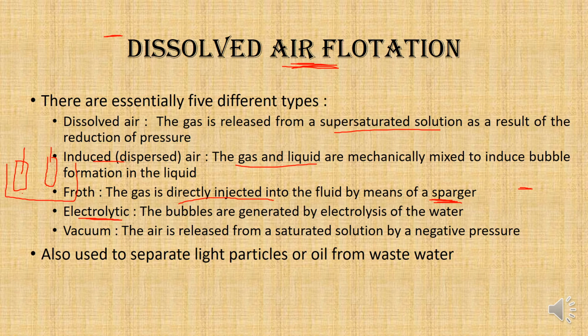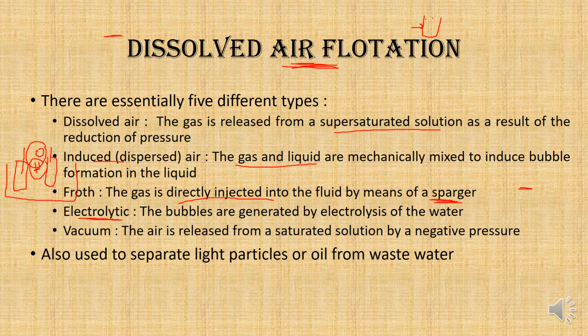Oxygen as well as hydrogen bubbles are generated by hydrolysis, and these two bubbles, oxygen and hydrogen, attach to the algal cells and pull the algae along with them to the top surface of the water. So this is the container with the algal slurry, and we have sparged or injected the bubbles.